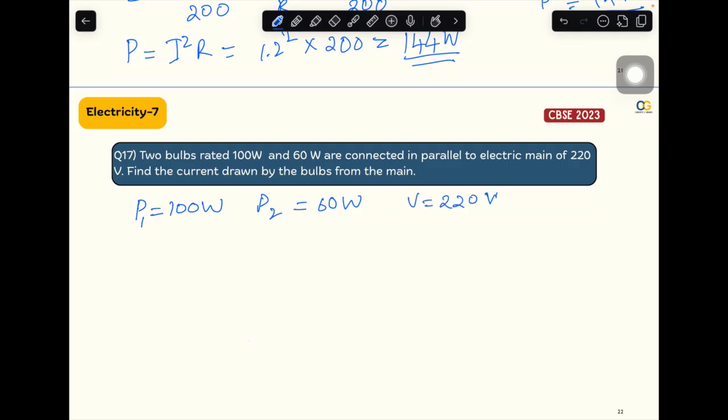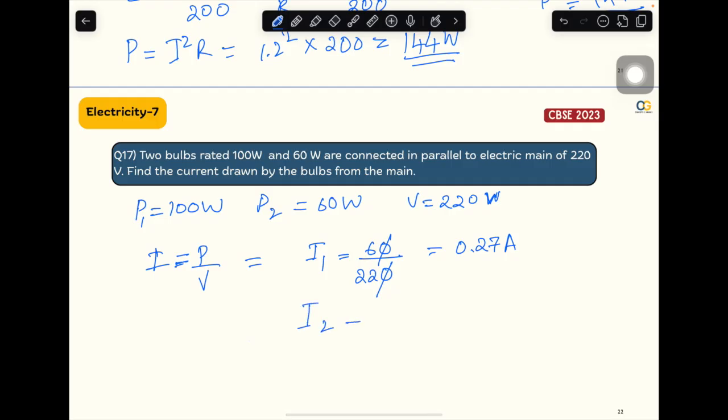Find the current drawn. So I is equal to P by V. I will first find I1, which is equal to 60 by 220. Both will get the same voltage, they are in parallel, right? So this will be almost equal to 0.27 ampere. Now I2, so this is I2, this is I1, let's say.